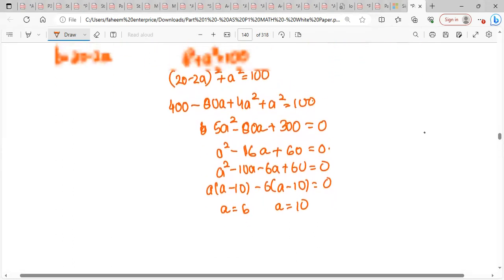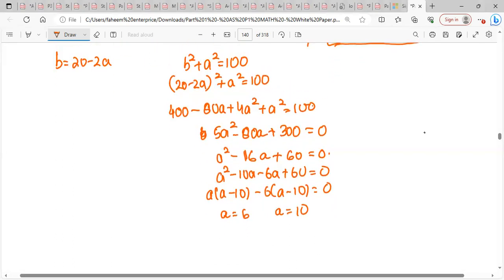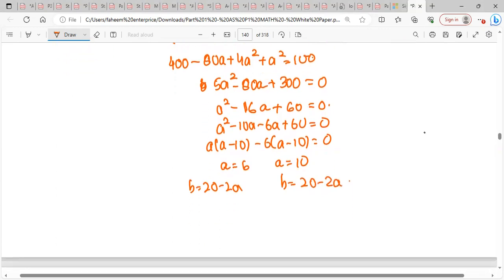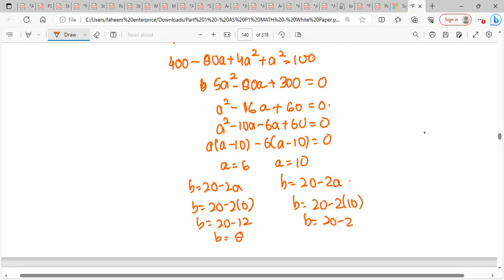Knowing the fact that b will be 20 minus 2a: b is equal to 20 minus 2 times 6, 20 minus 12, b becomes 8. And b is equal to 20 minus 2 times 10, 20 minus 20, so b is equal to 0.